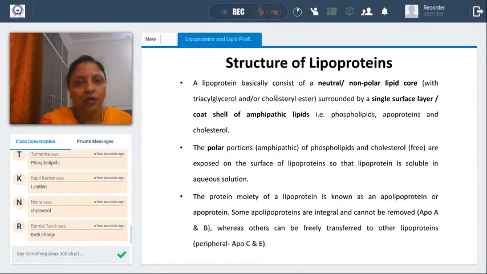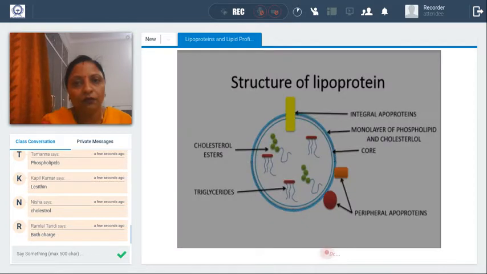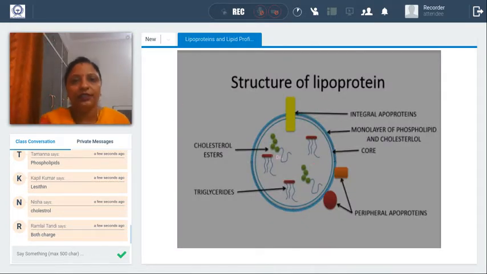So the structure of lipoproteins, we can see here in this diagram. This is integral apoprotein, can't be separated. This monolayer of phospholipid and cholesterol, and this core of cholesterol esters and TGs, and these are peripheral apoprotein.